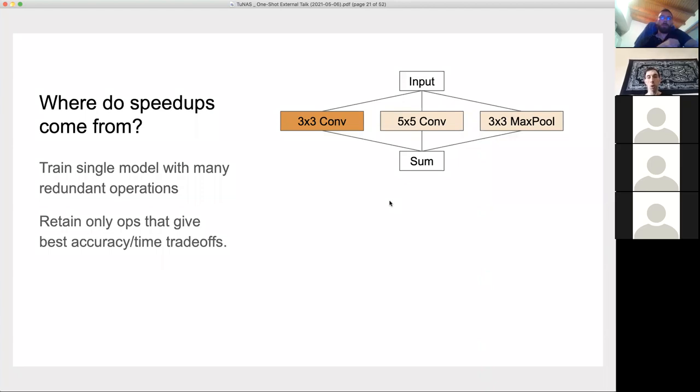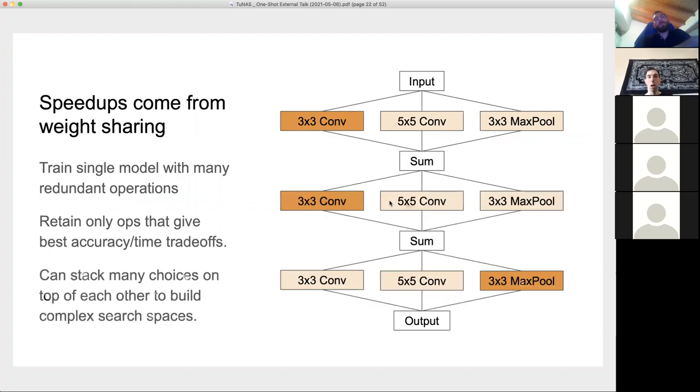But in general, in a realistic search space, we're actually going to have many different decisions that we need to make at many different points in the network. And so we can take these blocks and stack many of them on top of each other. And as the number of decisions that we need to make grows, the size of the number of shared model weights that we need to train grows linearly with the number of decisions. But the size of the search space, the number of ways that we can combine these different decisions, grows exponentially.